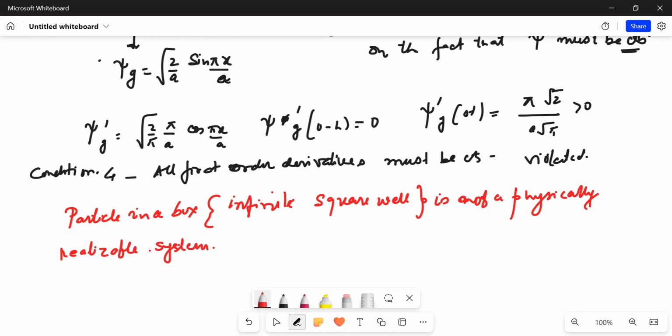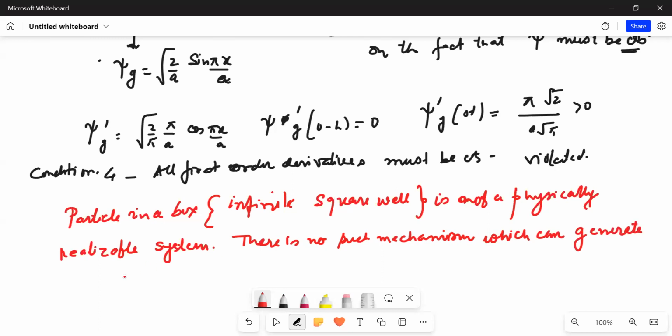That is, there is no such mechanism, or you can say there is no such physical mechanism which can generate an infinite deep potential well.